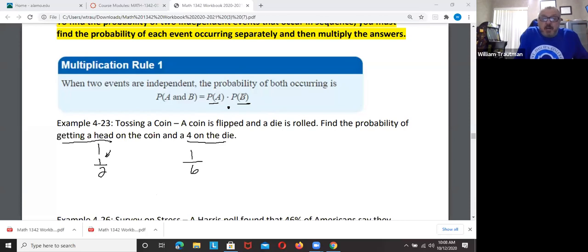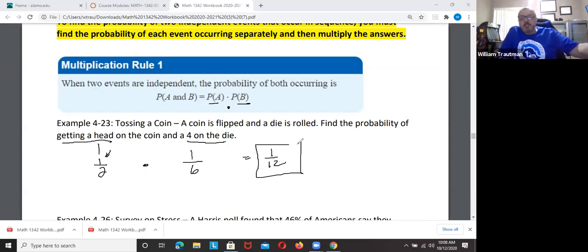If I want to find the probability of getting a head on the coin and rolling a 4, I multiply these two together, and on my calculator, when I multiply 1/2 times 1/6, I get 1/12. So my probability is 1/12 for this.